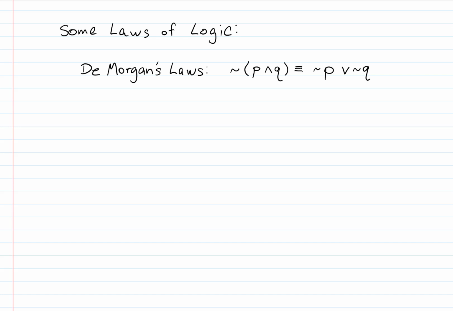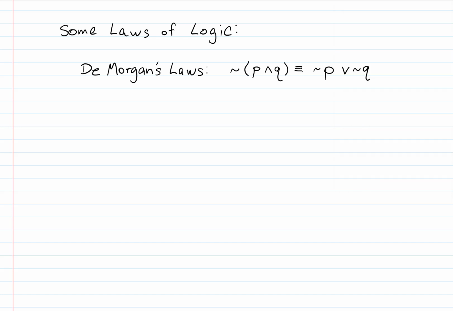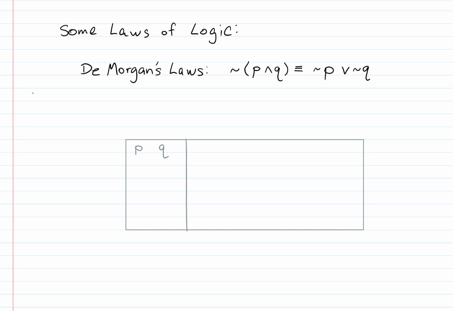Okay? And how do we prove that? We're going to do a truth table. Okay, so let's put P and Q here. And let's do all the possible combinations of true and false.